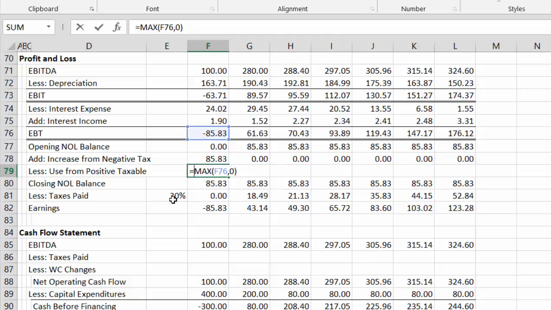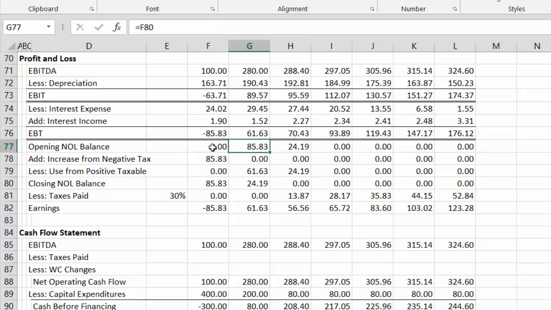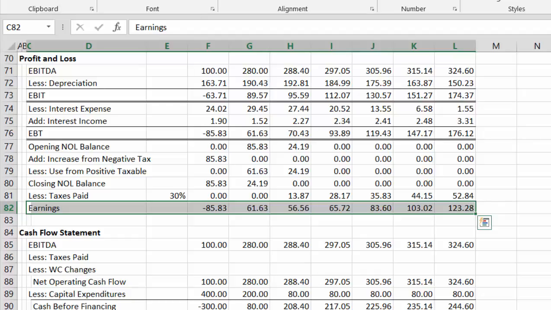But the most we can ever pay it back is the minimum of this or the opening balance. So it's kind of a second use of minimum and maximum. And it took us a couple of years to pay off the taxes here. Our EBIT was less than the opening balance, so we could use the EBIT, and we still have 24 left over. In this case, the opposite happened, and then we have the actual taxes paid, and we have our final earnings.